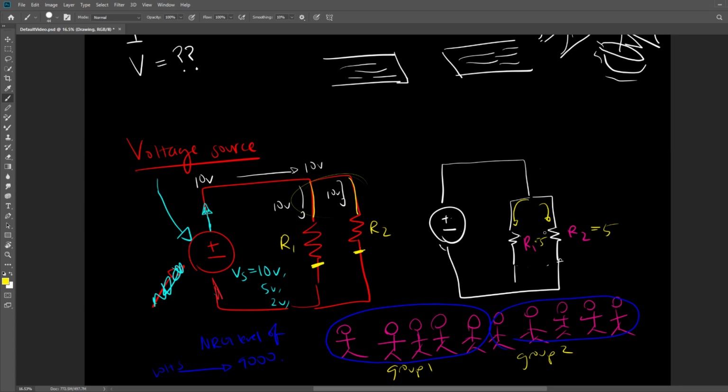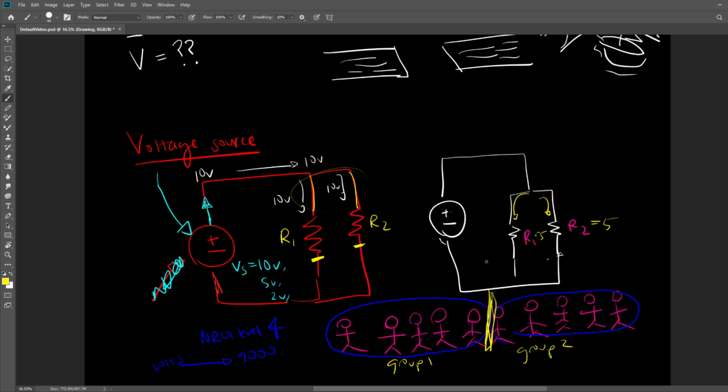But even though they're equal, we still separate the group in half. So in terms of these people, although their energy level hasn't dropped, their numbers have dwindled. And I guess that's the way you think of current and voltage in a circuit.